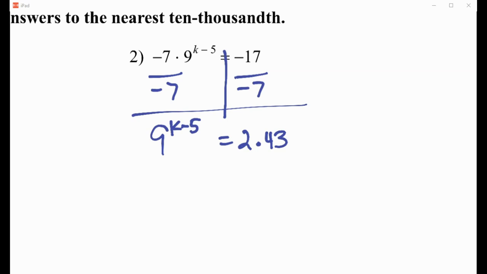a logarithm. So to get the k out of the exponent, because remember we're doing the inverse, and a log is an inverse of an exponent, I'm going to write the word log, and the base of my exponent is the base of my log, and 2.43 and k minus 5 switch.